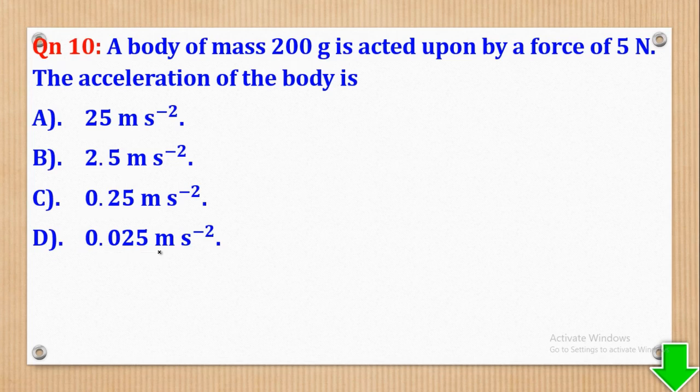So we need to do some calculations to find out the correct option. Here we know that mass is 200 grams, meaning it has to be converted to kilograms, and force is 5 newtons.